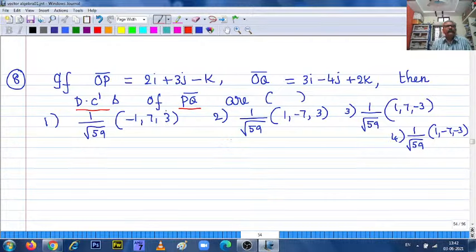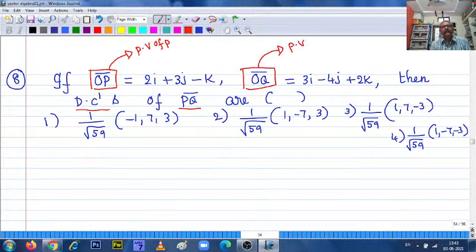First we need to find out PQ bar. What is given? Position vector of P is given. This is the position vector of P. OQ bar is given, this is the position vector of Q. Then PQ bar we need to find out, then direction cosines we need to discuss. So let us find out how. Solution.